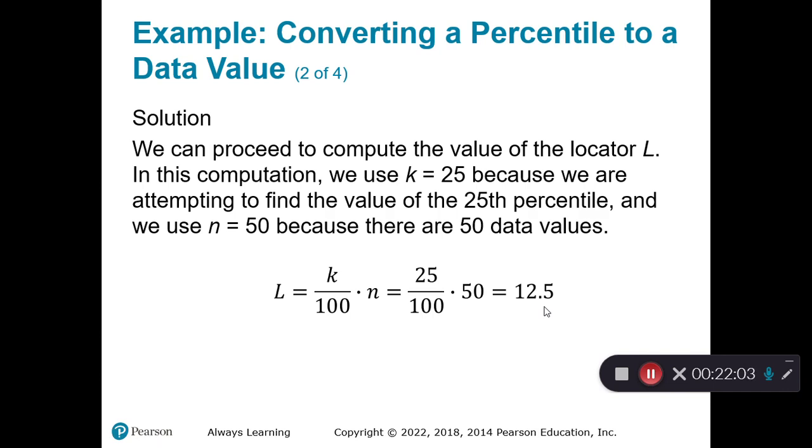Remember, L is not a value, L is a position. So we got a position that is a decimal, which means that we're going to round up to the next whole number. In this case, we're going to look at what value is in the 13th position in the sorted list.